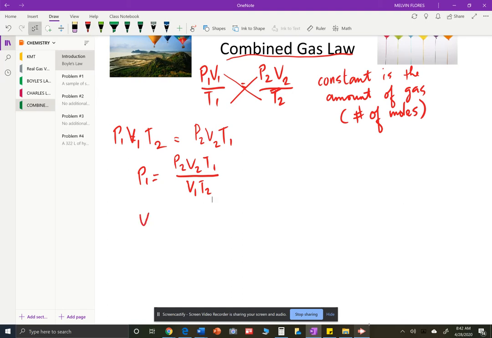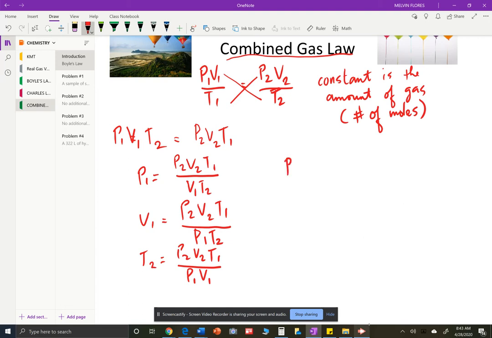And if the unknown is V1, then the same thing, you're going to multiply P2 V2 T1 divided by P1 and T2. And if you're looking for T2, your formula will be P2 V2 times T1 over P1 times V1. And if you're looking for final pressure, it's going to be P1 V1 T2 divided by V2 and T1.